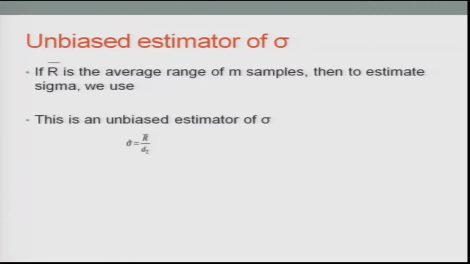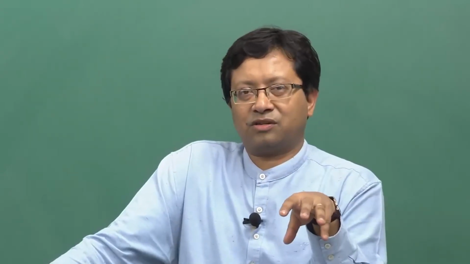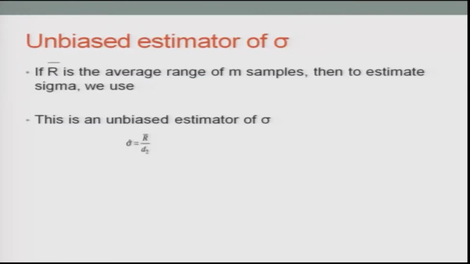If R bar is the average range of m samples, where you take one sample of size n, then a second sample of size n, and you continue doing this, then to estimate sigma we use the formula which gives the unbiased estimator of sigma. And let me also mention that in clear terms.